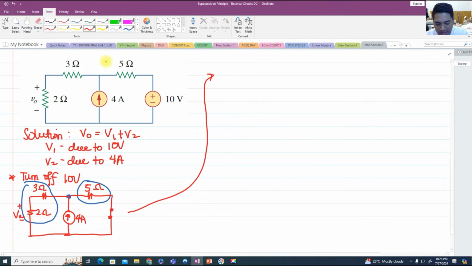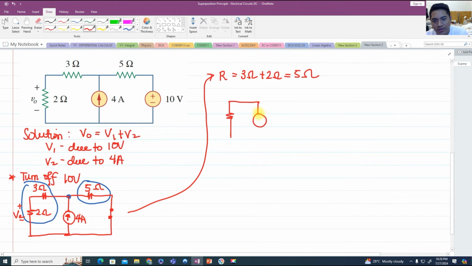If I'm going to get the total resistance of this, we know that series resistors have the same what? Current. So the total resistance will be 3 ohms plus 2 ohms, so that's 5 ohms. If I rewrite the circuit, it will look like this.